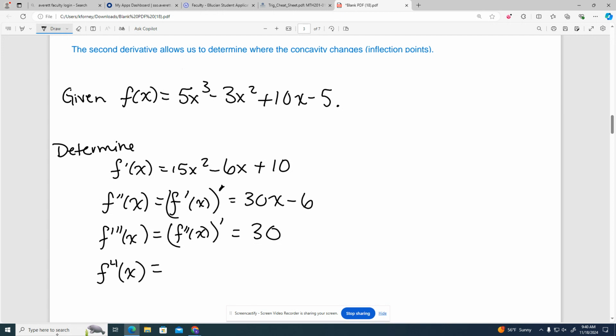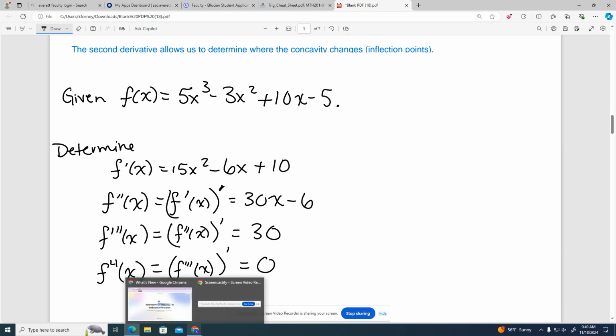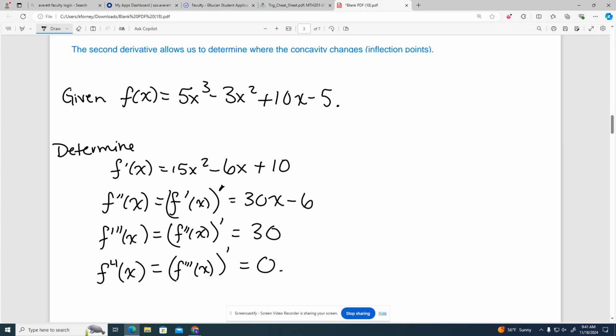But that would be the derivative of the third derivative, and what's the derivative of 30? 0. And it would kind of be silly to keep taking derivatives, because what would they be? 0. Anything after the fourth derivative in this case is 0. Okay?